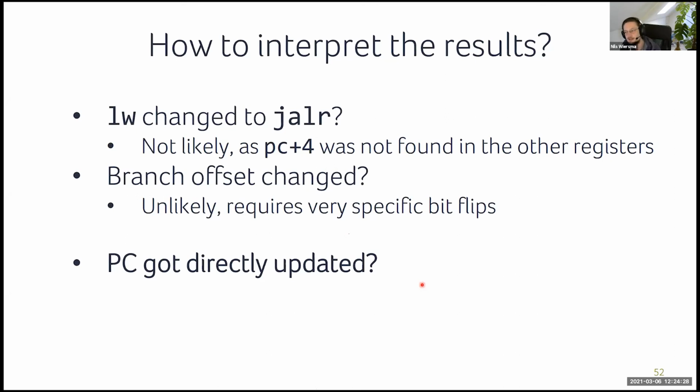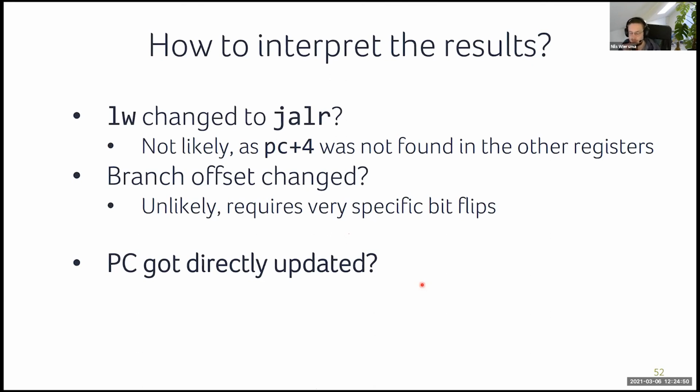However, another thing this instruction does is it sets a second register argument to basically the return address, program counter +4, but it doesn't have to be the return address register. However, when we looked at the other registers, we did not observe this value. So it could happen, but it's not likely.